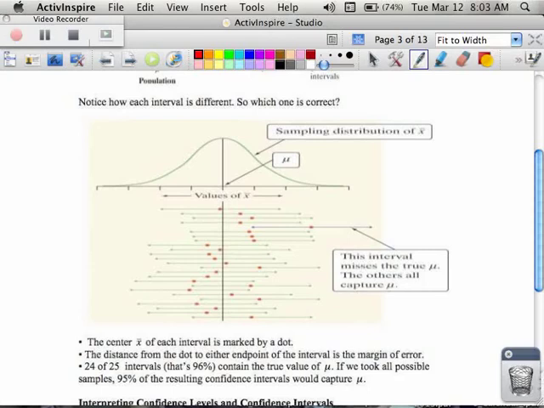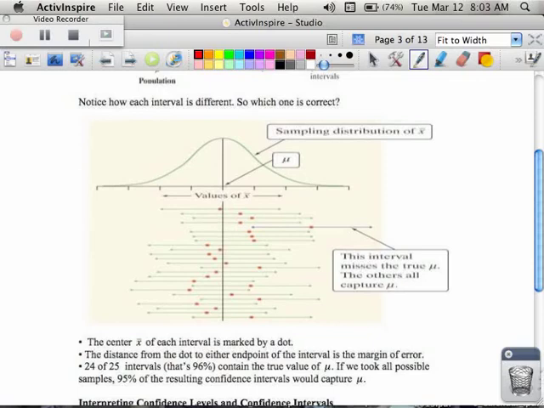What you'll see is, if you look at all of these dots and you look at the true mean and the distribution that we have, 95% of these dots fall somewhere where the true mean would be located if you include the margin of error. There is a dot far off to the right here that does not capture it.